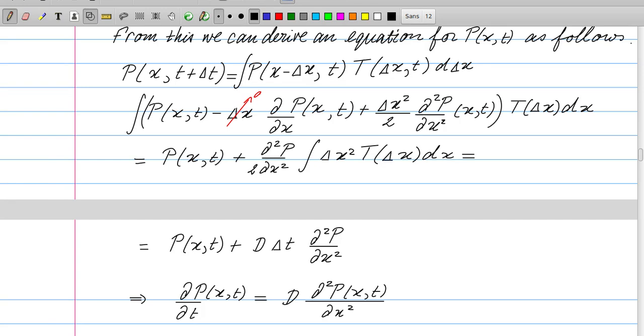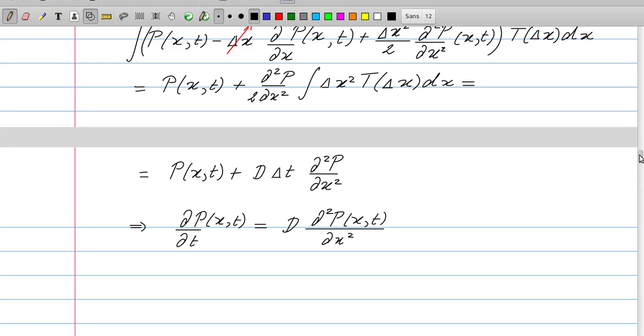Then we obtain the following equation. We have dp dt, the partial derivative with respect to t, is d times d squared p dx squared. It's important to note that this equation, called a diffusion equation, is only valid if d is constant, so d does not depend on x. It's also possible to derive an equation for a non-constant d.